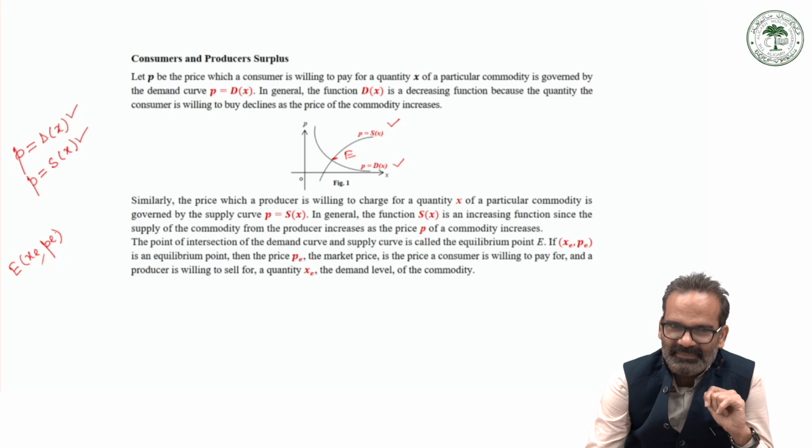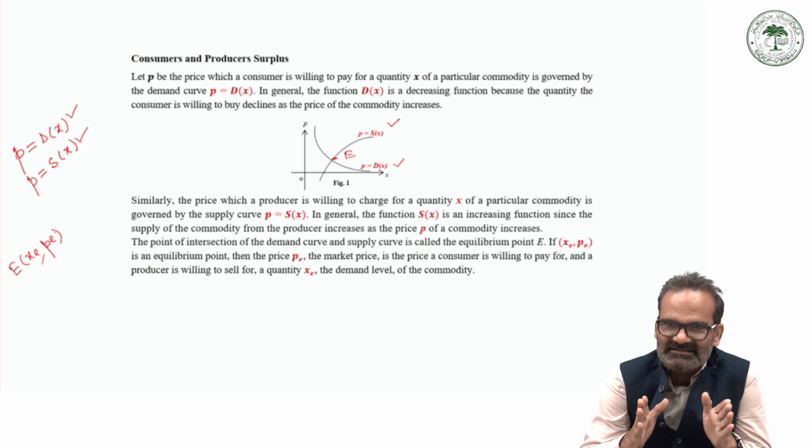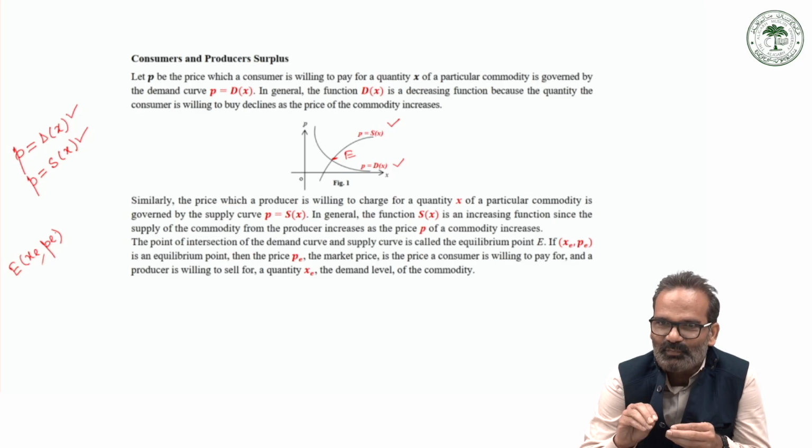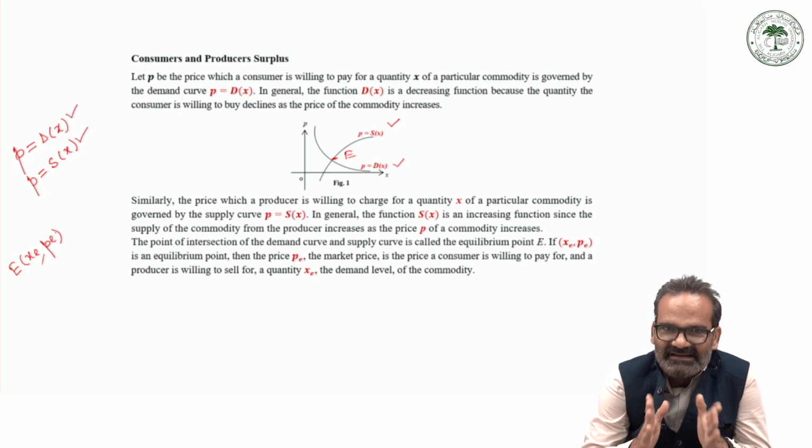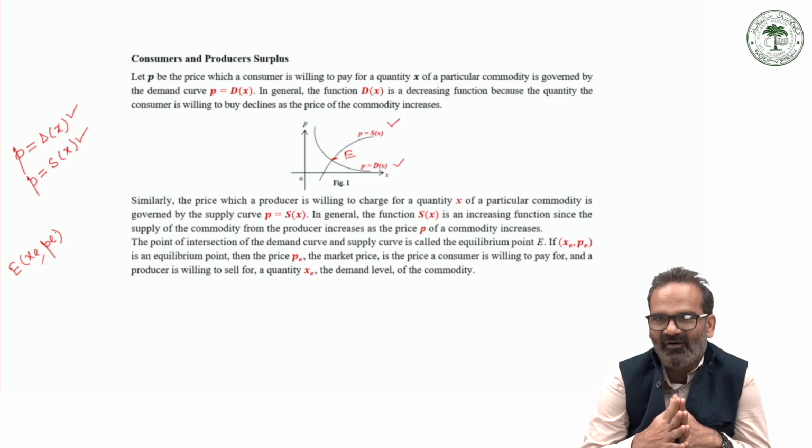If (XE, PE) is an equilibrium point, then the price PE, which is known as the market price, is the price a consumer is willingly to pay for and a producer is willingly to sell for a quantity XE, the demand level of the same commodity. Are you getting the point? What does it mean?